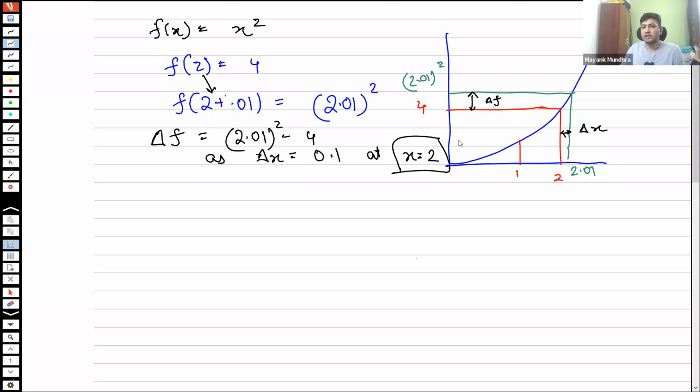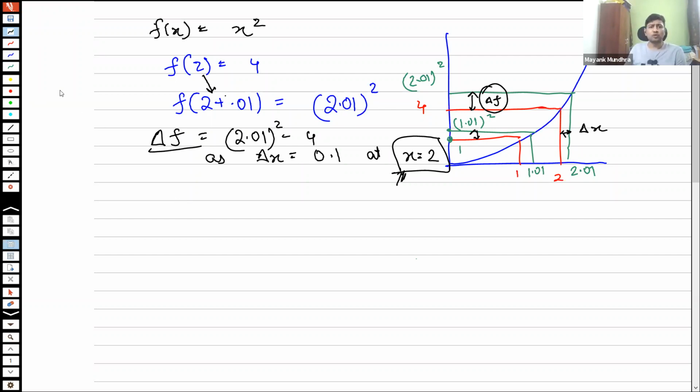If your starting point would have been, let's say, 1, then for the same change in the value of x, that is at 1.01, the difference would have been different. Here the value was 1, here the value is 1.01 square. So the change in value of f here might be different from the change there. So the change is dependent on what your starting point is.